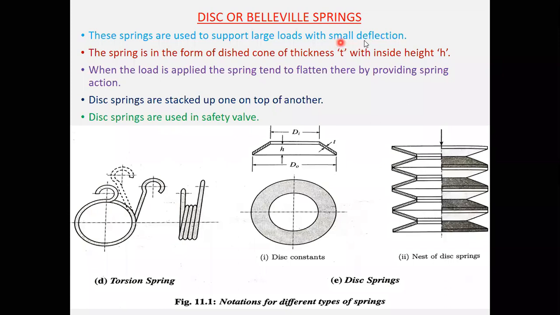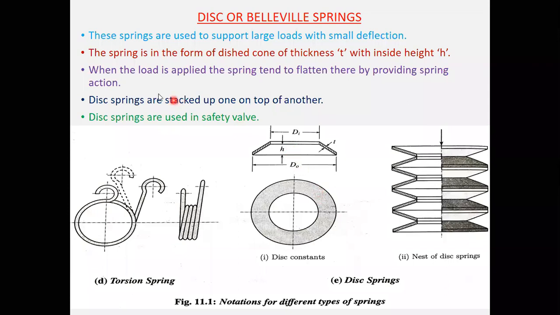In the previous springs you have seen, you will see more deflection, whereas this spring is used when the deflection is less. Now he is asking at what load the entire disc will become flat. It will become flat when H is equal to Y.